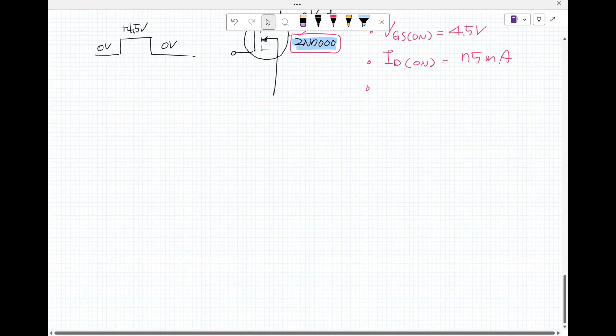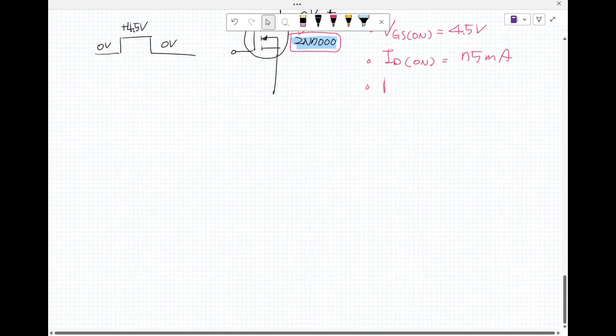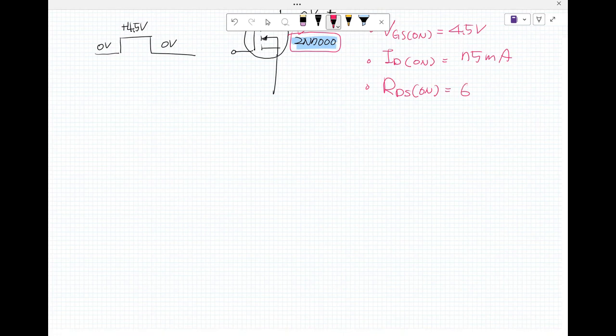And also from the table, we can see that R sub DS on was 6 ohm. Okay, now that was the given value from the table. Again, I will give you a table, but you have to know the model of the MOSFET and track it to find it.